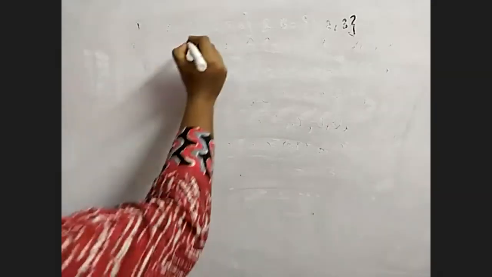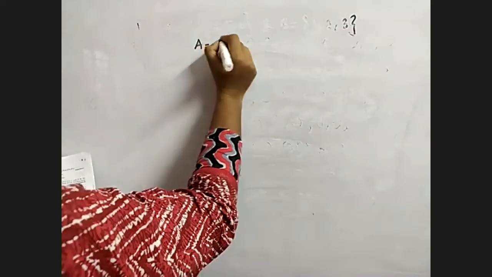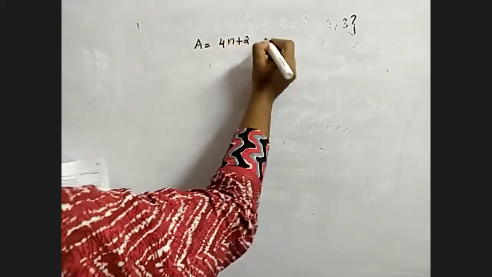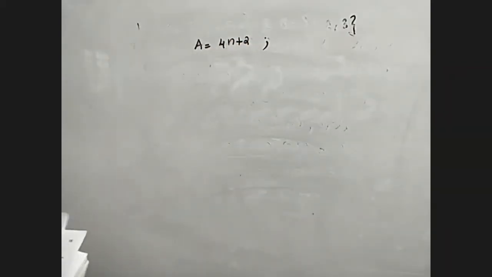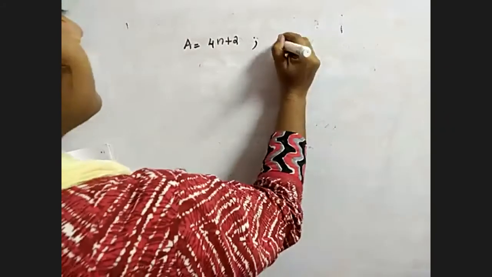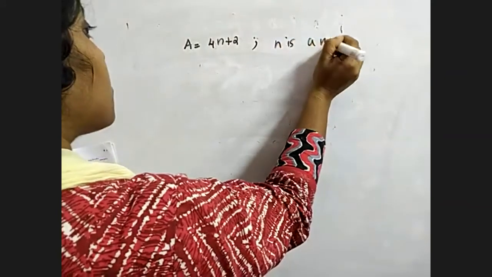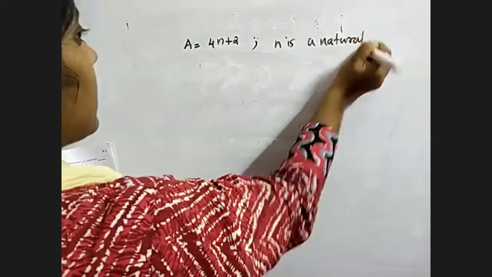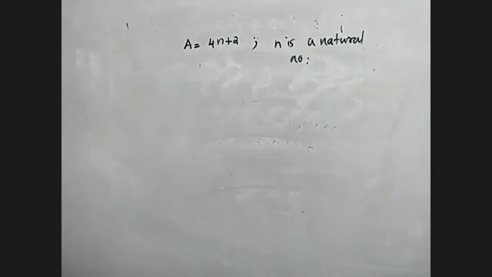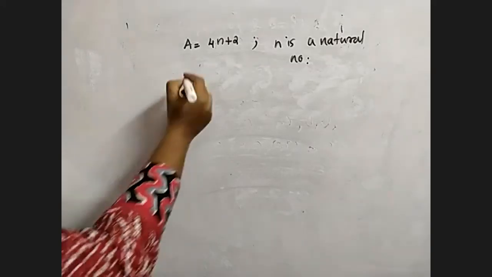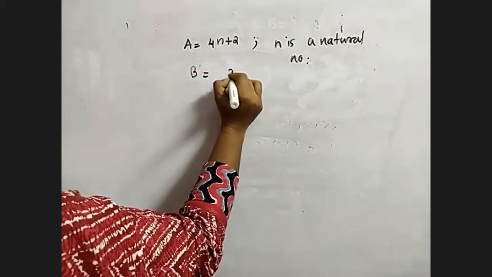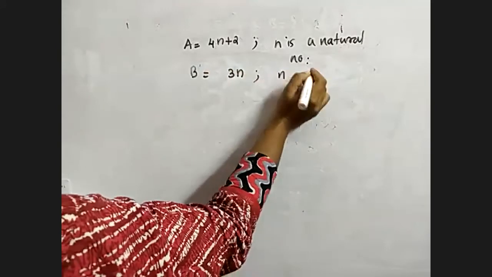If A is equal to 4n plus 2, where n is a natural number, and B is equal to 3n, where n is a natural number.